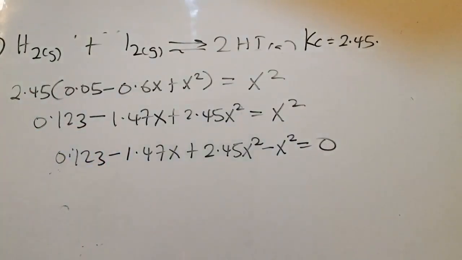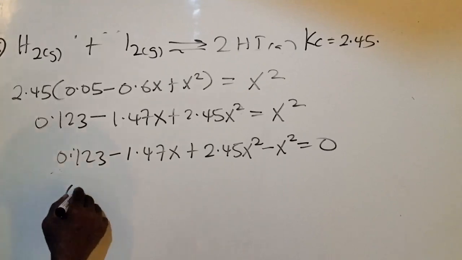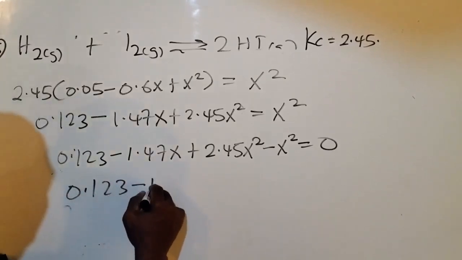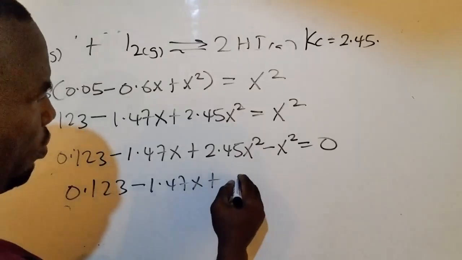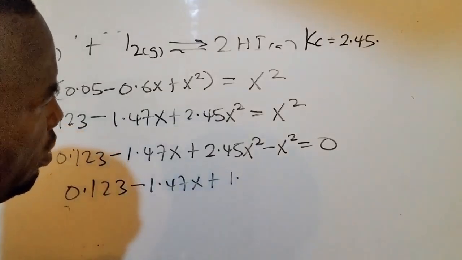So having done that, we now have 2.45s squared minus s squared. So that gives us 0.123 minus 1.47s, then plus 1.45.